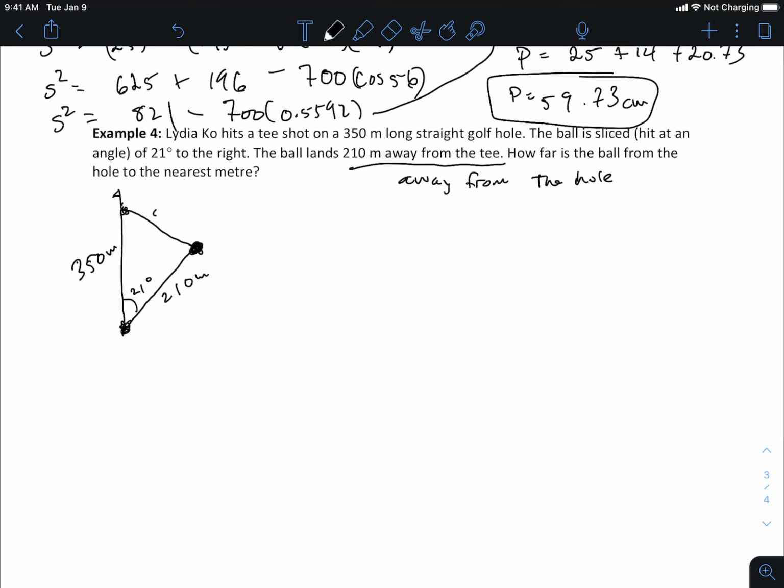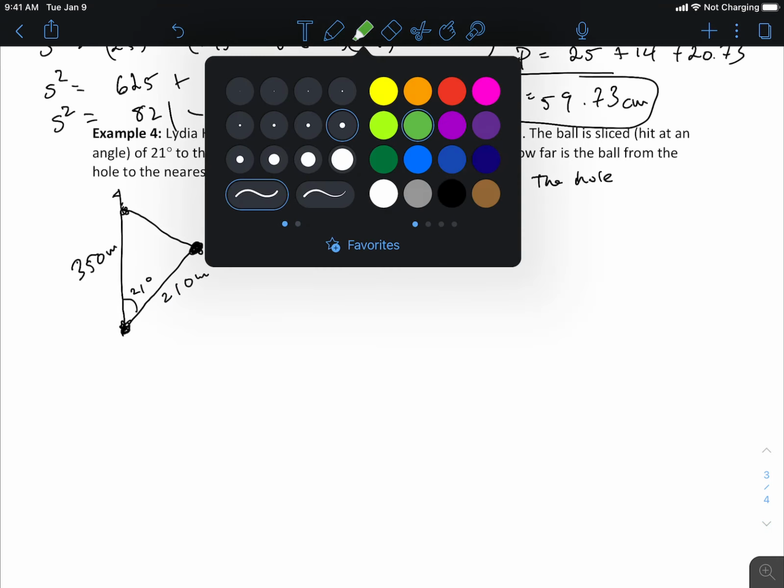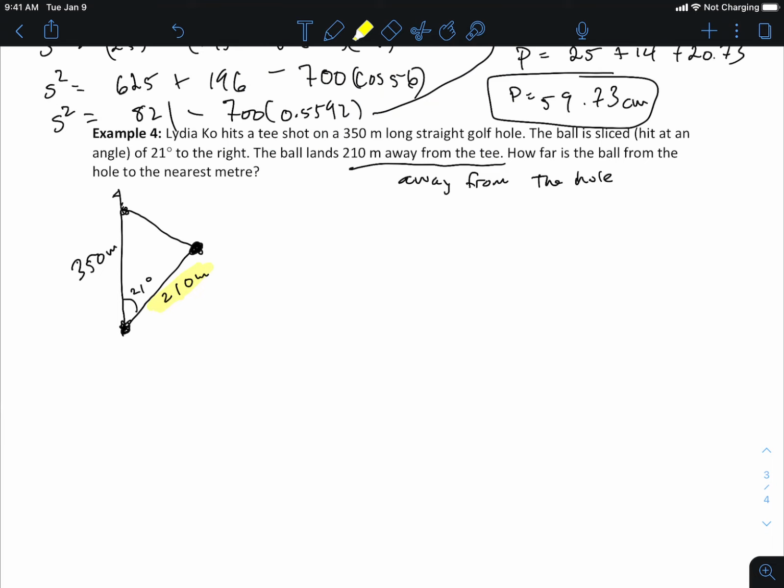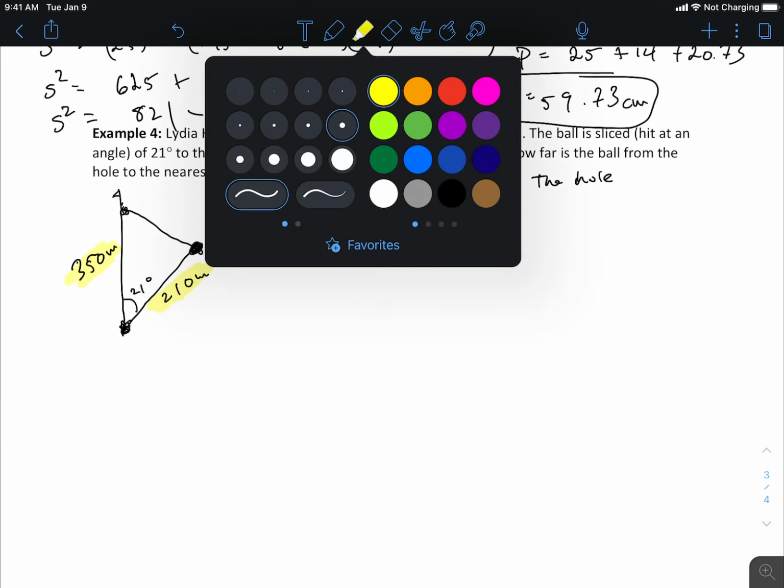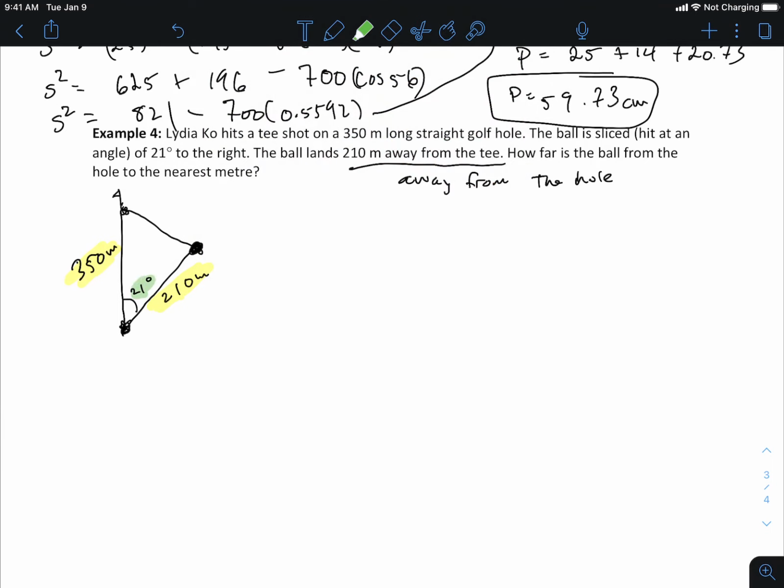We need to figure out how far, let's say it's X, Lydia Ko is from the hole. Okay? You know you're going to have to use the cosine law now.